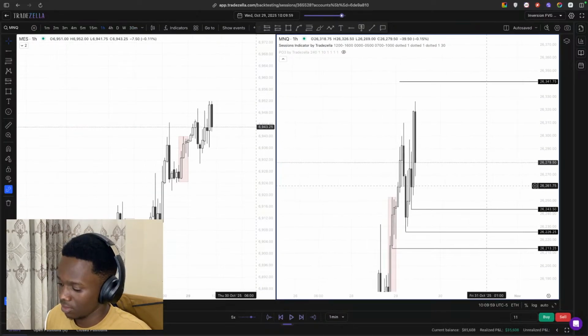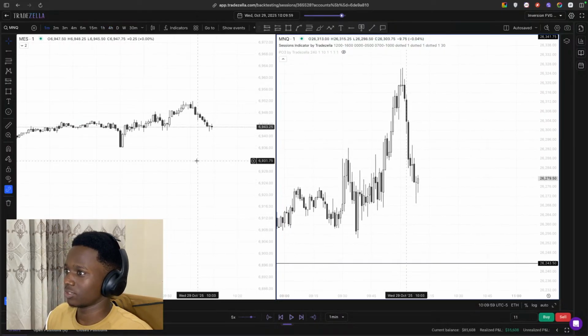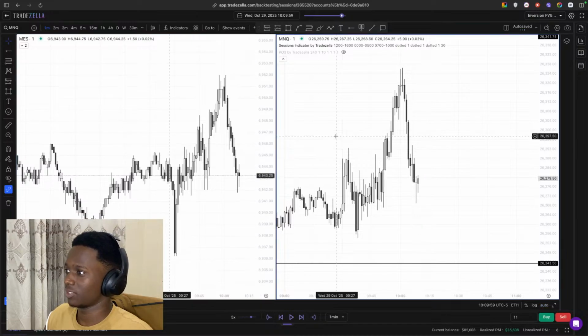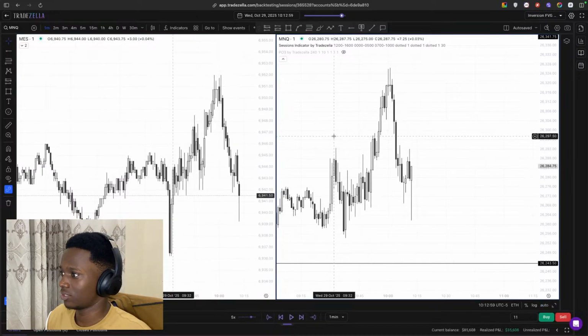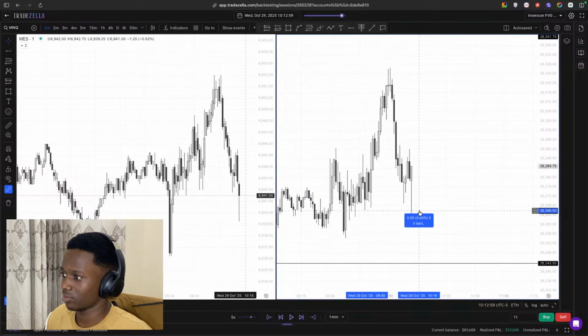That's a crazy 4-hour open. I still think the higher time frame is bullish, so let's see if we can get a liquidity run. I don't think we'll be having the POI confluence here. Okay, so close to this low, but we can see these lows here have been run.